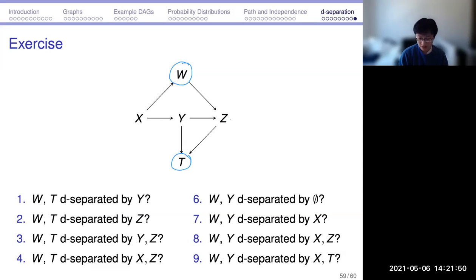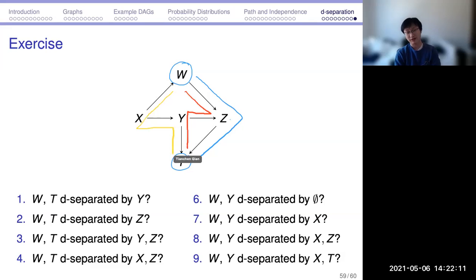So what are the paths? We have this as one path. I'll try to use a different color for each path. We have this as another path, and this as a third path. So we have 3 paths from W to T.